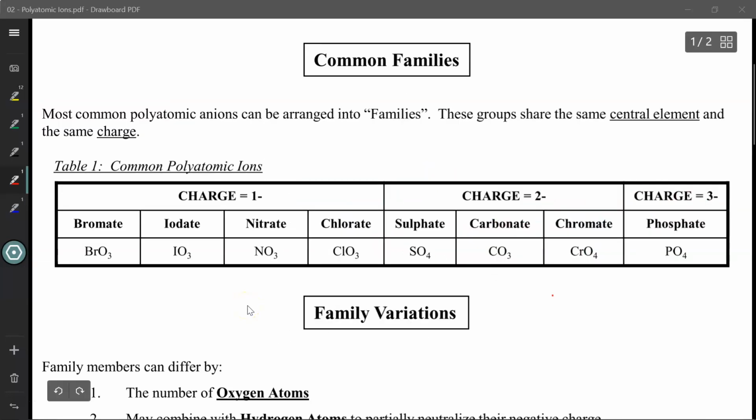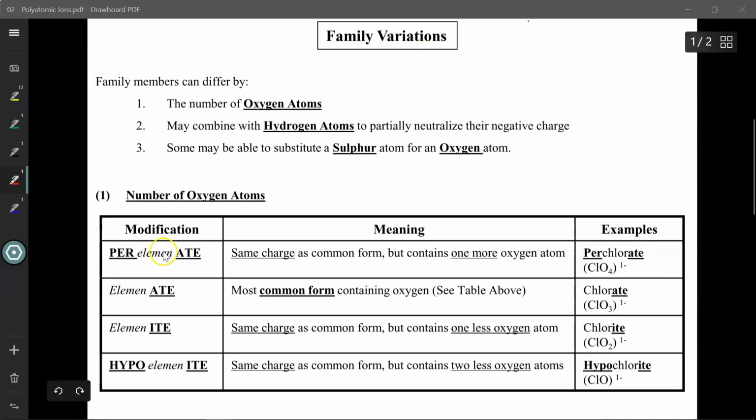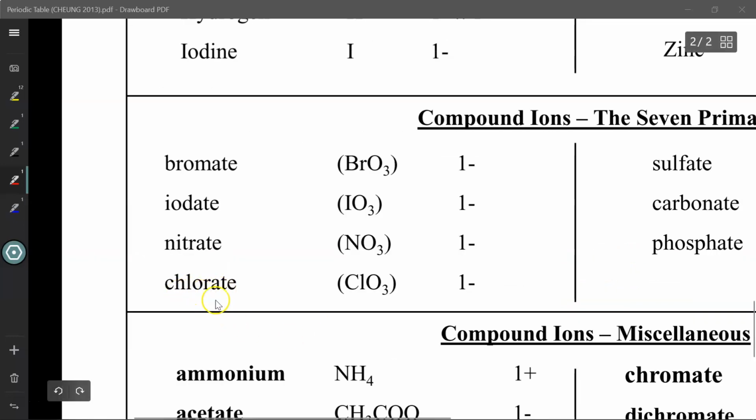Alright, so the last topic we need to talk about are polyatomic family variations. This typically applies to polyatomic ions that have multiple oxygens inside their chemical formula. By changing the prefix and the suffix, we can tell the reader how many oxygens are actually inside the polyatomic ion. So let's take a look at chlorate for instance, ClO3 with a 1- charge.